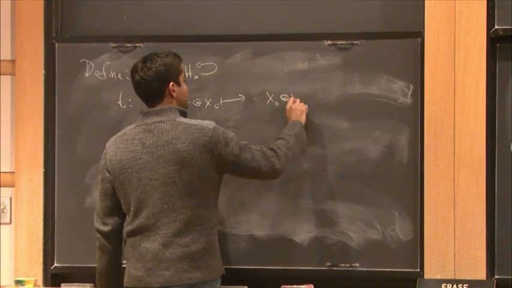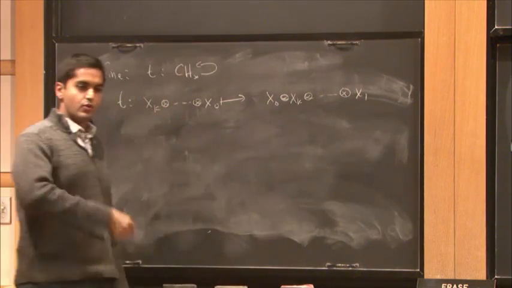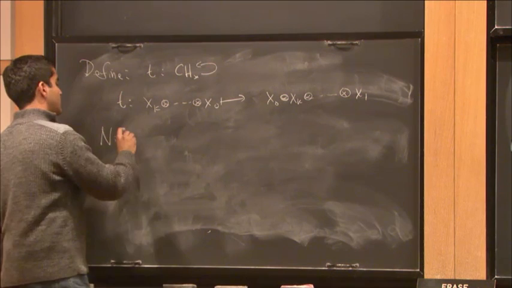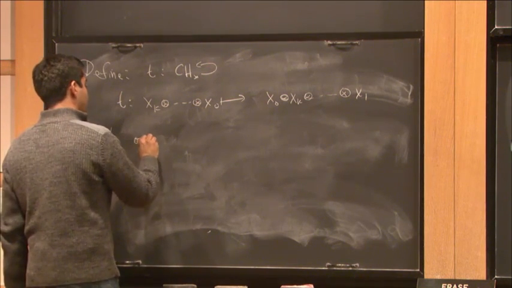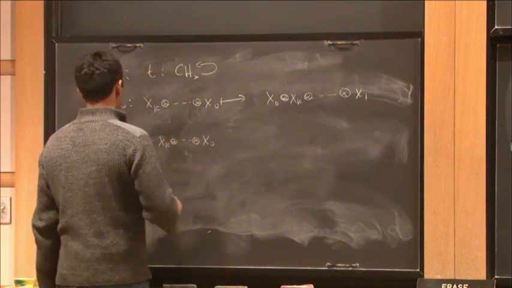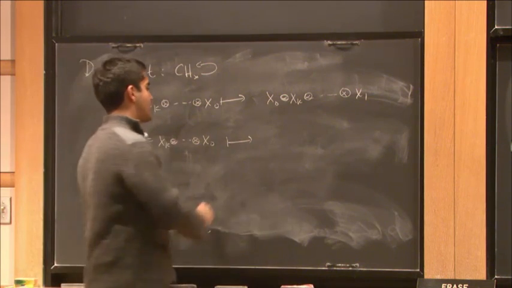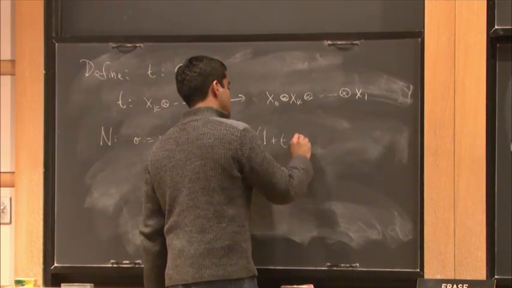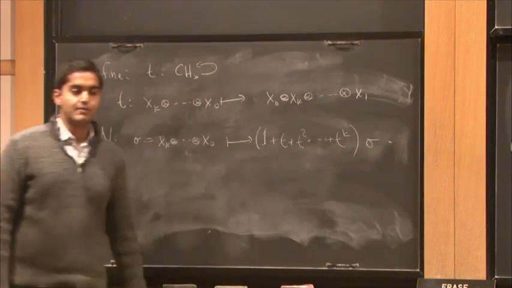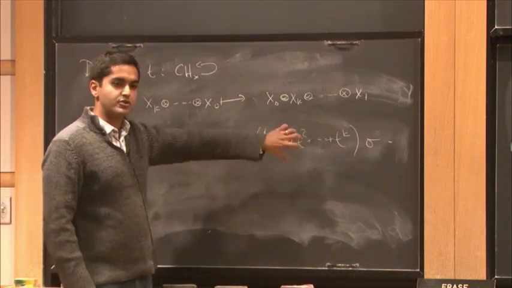And the T operation just hits this collection with a once around cyclic permutation. N maps an element to the sum of all possible ways to cyclically permute before you, so the sum over all multiples of this operation.